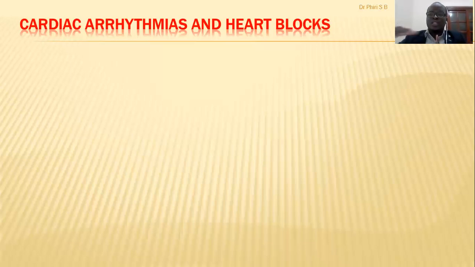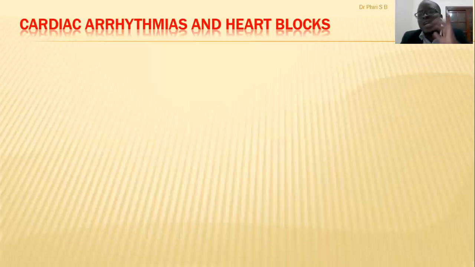Then lead 1 was at 0 degrees. Lead 2 was at 60 degrees from lead 1. Then lead 3 was at 120 degrees. So those were the limits. They were looking at the heart from the frontal plane, the vertical plane of the heart.